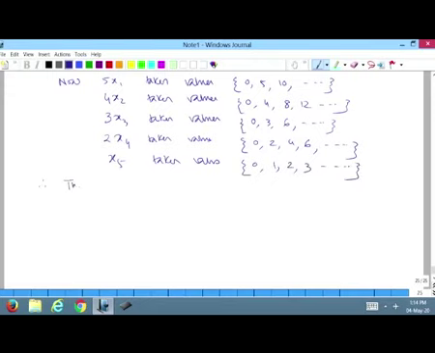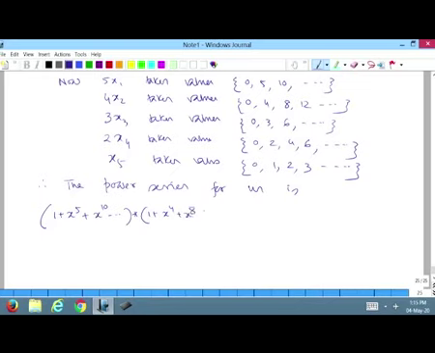Therefore, the power series for us is 1 plus x to the power 5 plus x to the power 10, multiplied by 1 plus x to the power 4 plus x to the power 8, multiplied by 1 plus x cube plus x^6, multiplied by 1 plus x square plus x^4, multiplied by 1 plus x plus x square plus x cube.